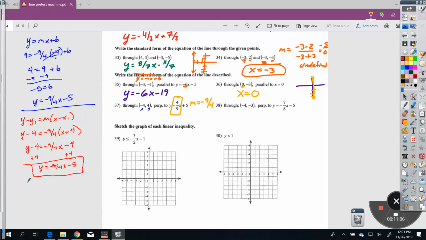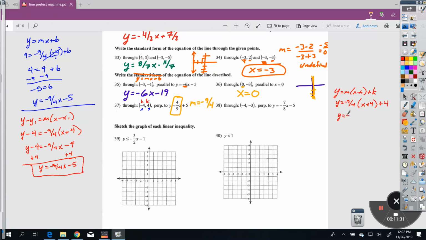If I use the other equation, y equals m times x minus h plus k. Y equals negative 9/4 x minus 4, plus 4 because it's minus a minus, plus the y value, which is 4. So that's h, that's k.